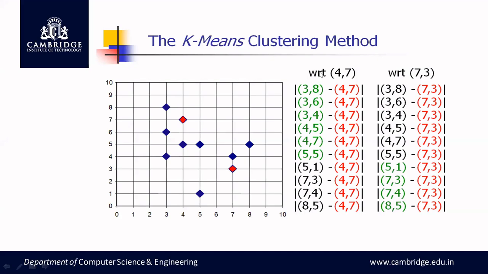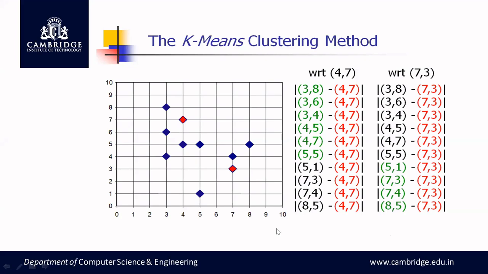Why am I choosing the data point to belong to cluster 1 and not cluster 2? Because the mean square error is minimum in cluster 1, whereas the mean square error for cluster 2 is around 9. So by this, I say 3,8 will belong to cluster 1 with centroid 4,7. Similarly, I will find out for each of the data points.